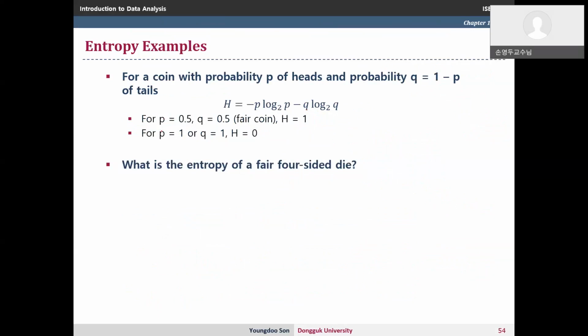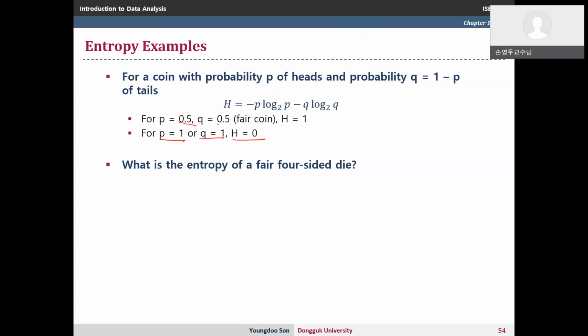So here is an example of the coin toss for the entropy. The probability of head is P and probability of tail is Q. So if P equals 1 or Q equals 1, then H would be 0, as we know.